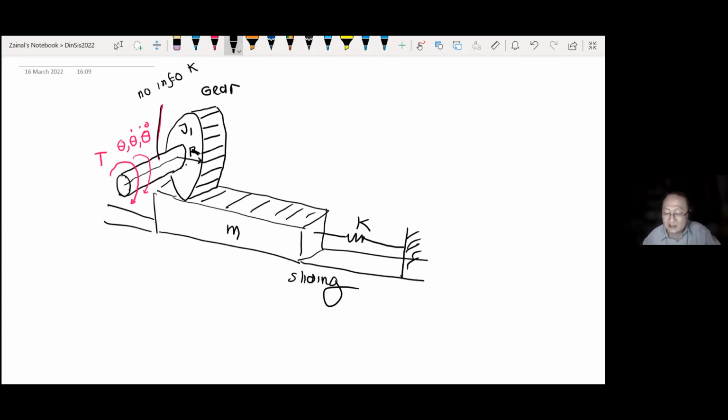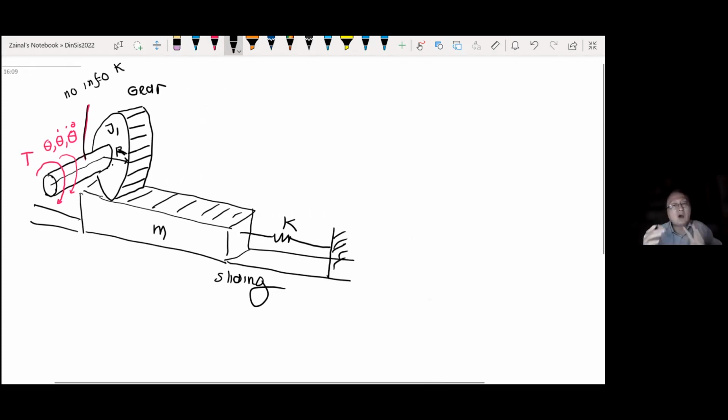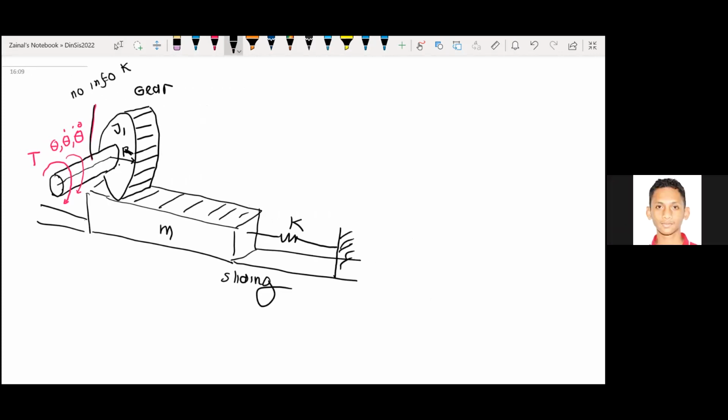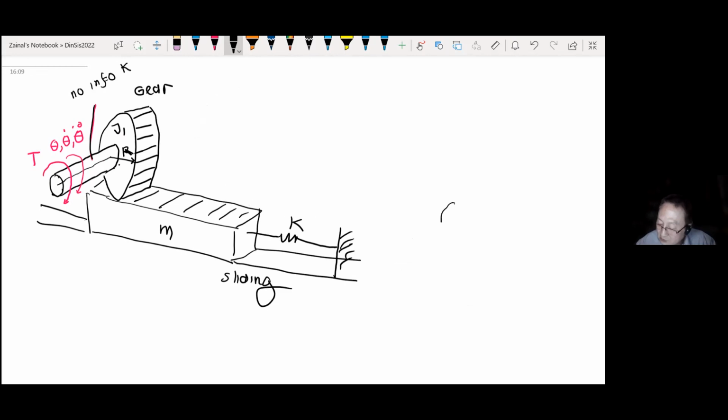If this one is stiff, then there is no rotation on the rod. It means that if this one rotates theta, then there is also theta.